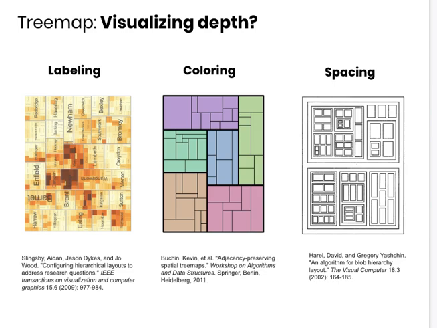And the third option to show depth is spacing. In the two examples on the left, the depth of the tree is also indicated by the line thickness, as you can see. So the top level has thick lines, and then the lower level has thinner lines. So you would expect this to go on, to have thinner lines if you go into the tree.